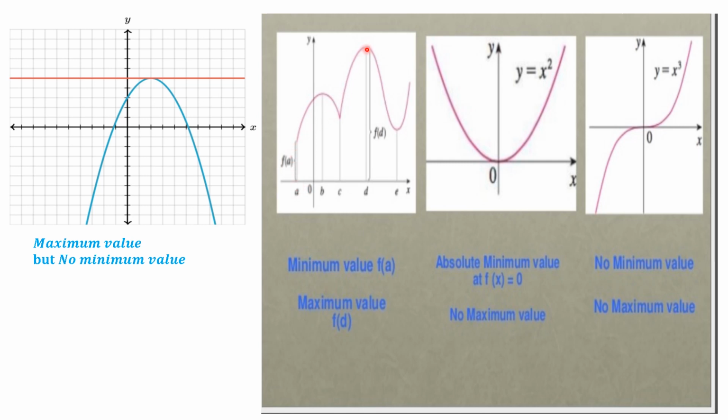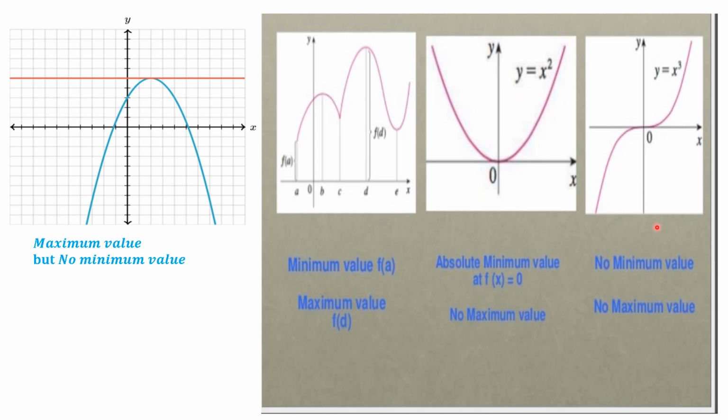The maximum value is at this point, that means it has both maximum and minimum. See here the third one, y is equal to x square. This is the graph. Here the minimum value is at x is equal to 0, but no maximum value. The graph continues like this, and after this one also it continues.